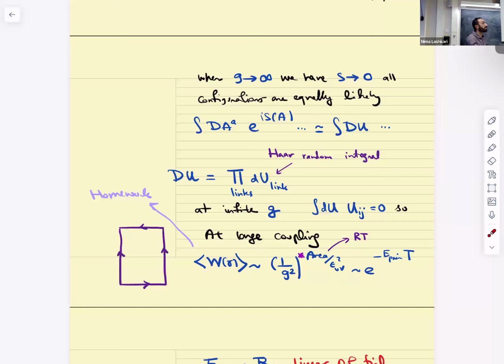Confinement is an experimental observation: the fundamental degrees of freedom of charged matter, individual quarks, are not found in nature. Also the potential behavior is very crucial. We argued for that using the infinite coupling limit of lattice gauge theory. So that was confinement.